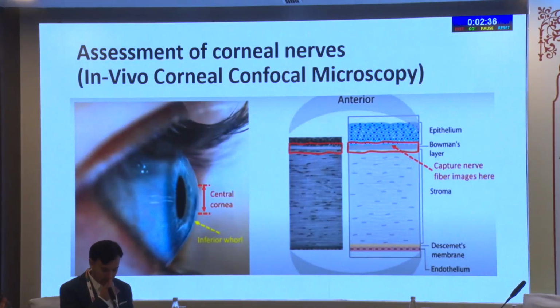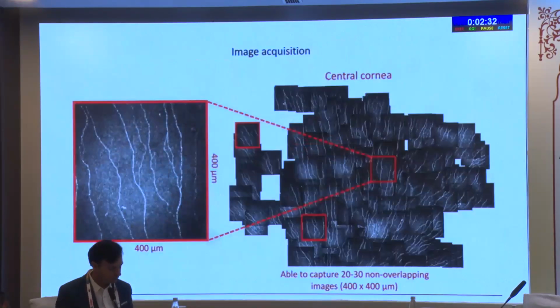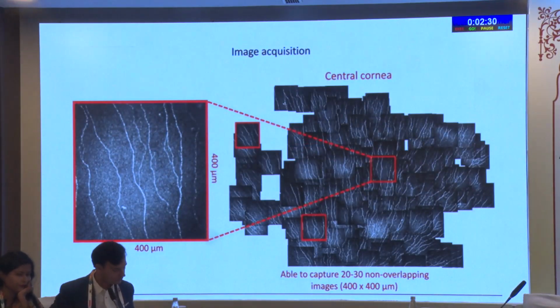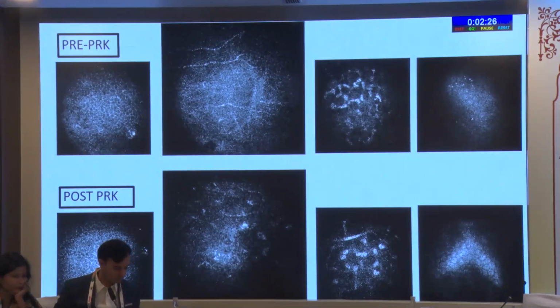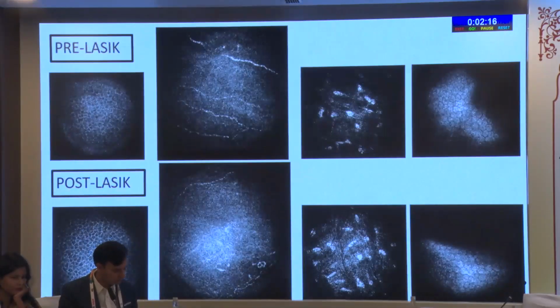To assess the corneal nerves, we used in vivo corneal confocal microscopy with the HRT Heidelberg tomograph, and we examined the central cornea to capture the corneal nerves, pre and post PRK. Usually in post PRK, the epithelium shows hyperreflectivity, and there is significant damage to corneal nerves in post PRK and post LASIK in both groups.